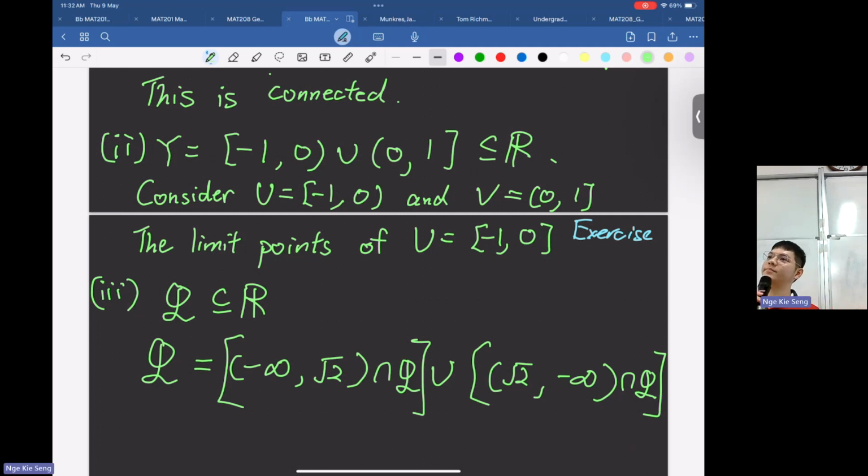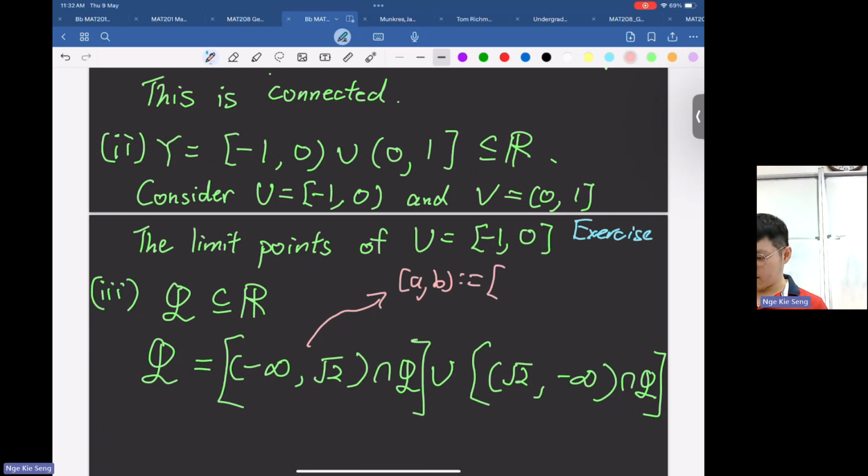This interval (a, b) is defined to be everything in R such that x is greater than a and less than b.